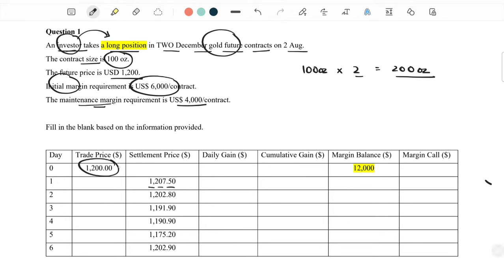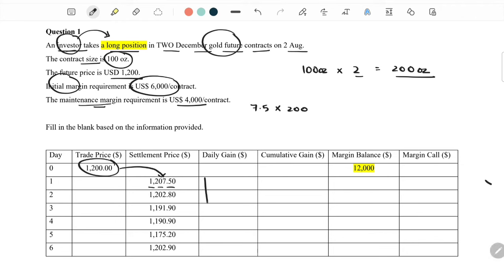From 1,200 it increased to 1,207.5, meaning it increased by 7.5. For the 7.5, I need to multiply by 200 ounces.